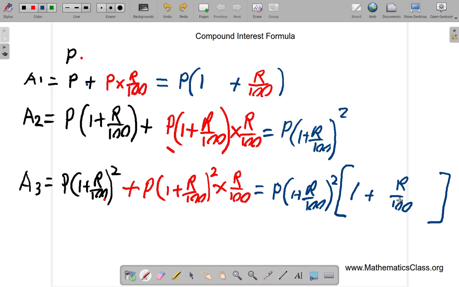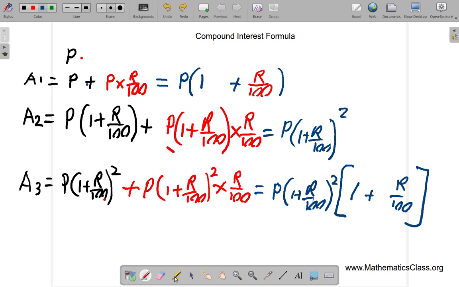I didn't need the bracket all the way out here, so let me put it a little closer. Alright, so that's what you have. Or you could say P times 1 plus r over 100 squared multiplied by this gives you P times 1 plus r over 100 squared times r over 100. If you carefully follow the factorization here, this is what you have.